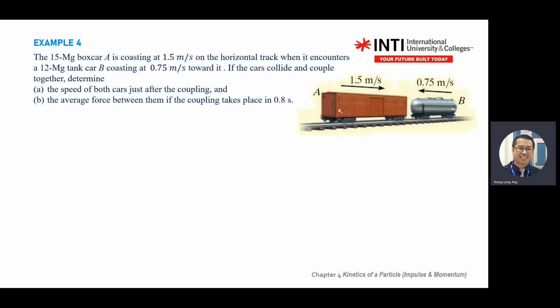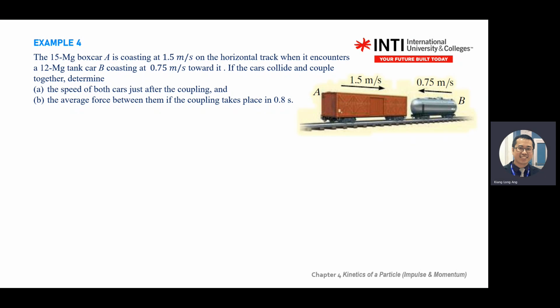So let's say you have two particles or two objects, A and B. You focus on the individual momentum, so you have m_A v_A1 plus m_B v_B1.